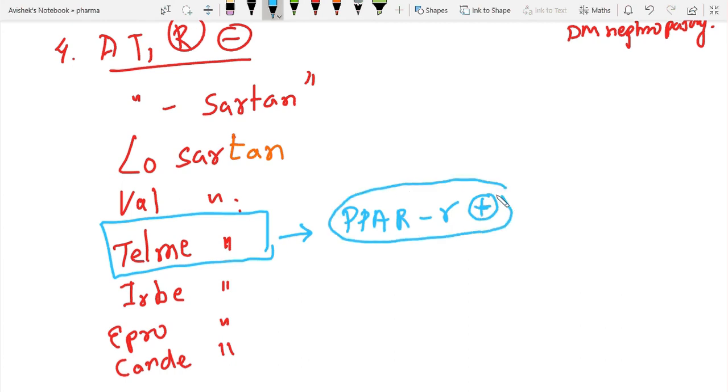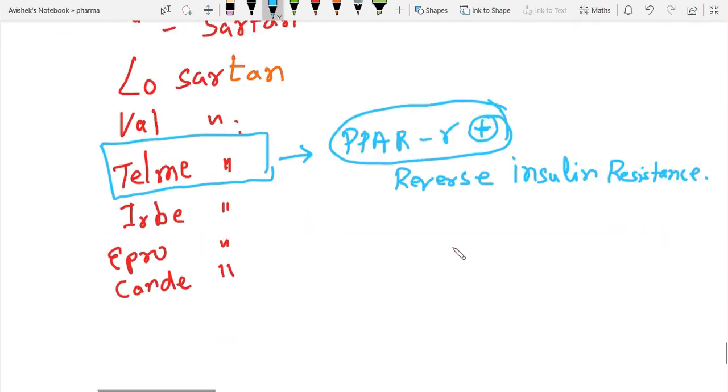What is this used for? This reverses insulin resistance. How does it reverse insulin resistance? With excitation of this receptor. So this is used in diabetics, hypertension with diabetes.